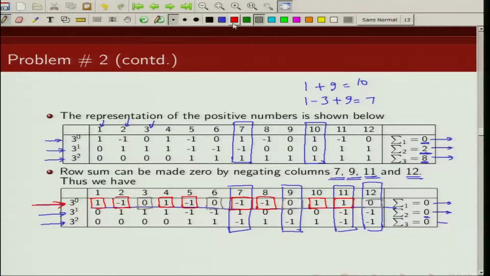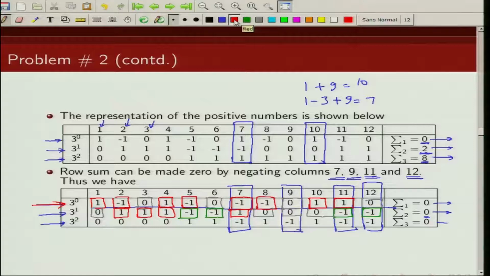Similarly, for the second weighing, I am going to put coin number 2, 3, 4, 7 in the right pan. I am going to put 5, 6, 11 and 12 in the left pan, and I am not going to put coin number 1, 8, 9 and 10.